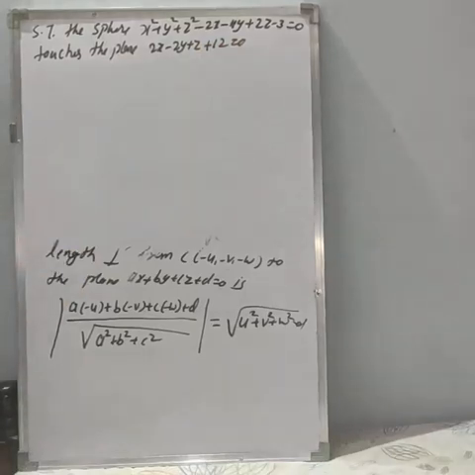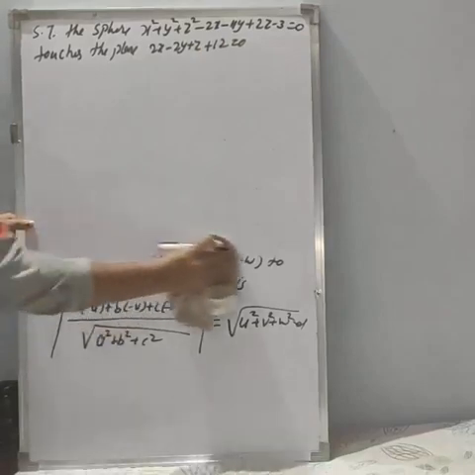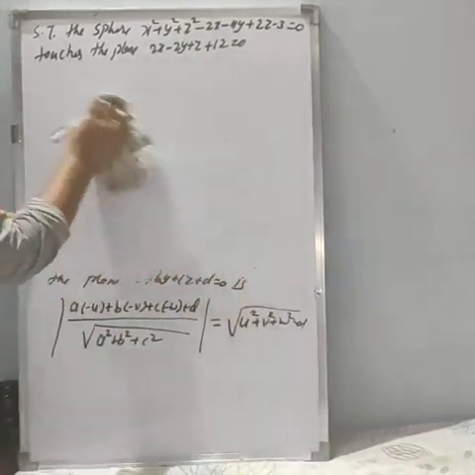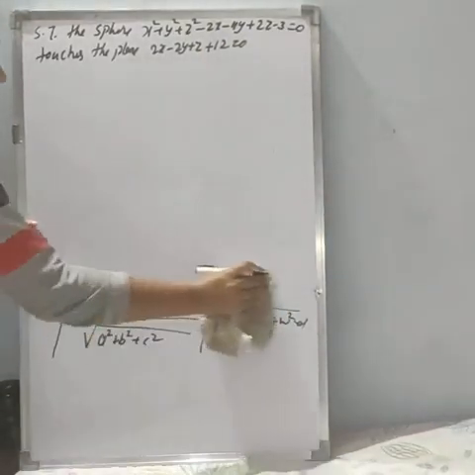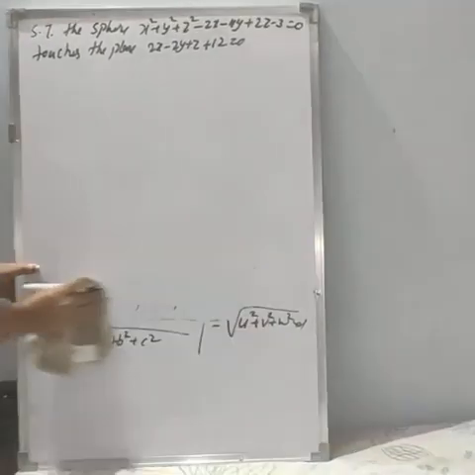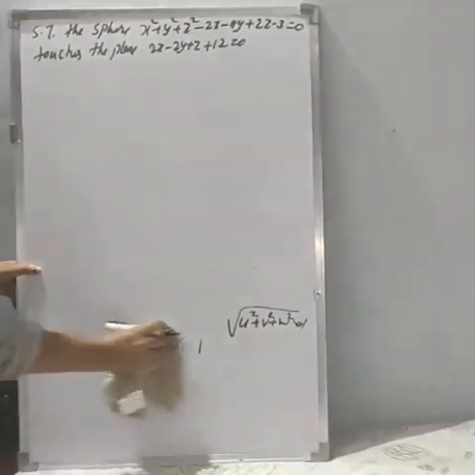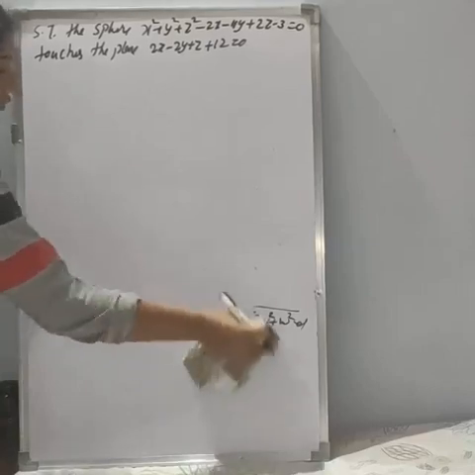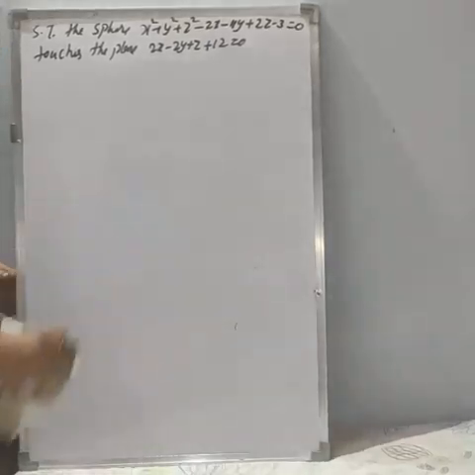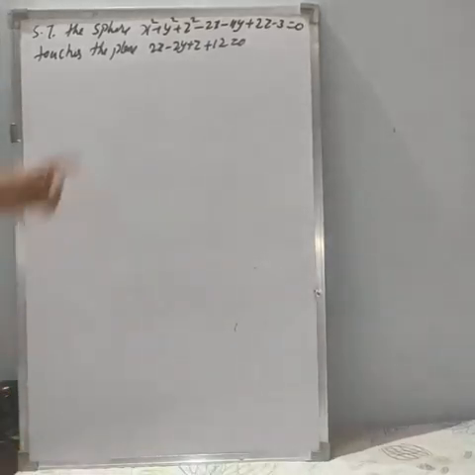Now here, show that means if you find the length perpendicular and the radius, we want both the values to be equal. Then only we can say this sphere touches the given plane.